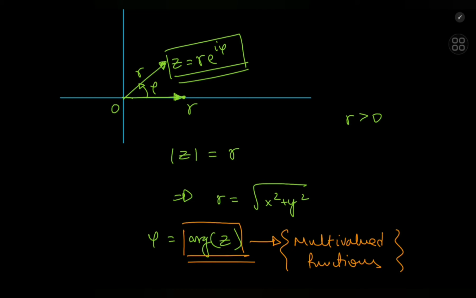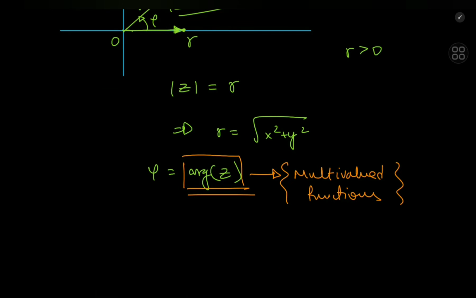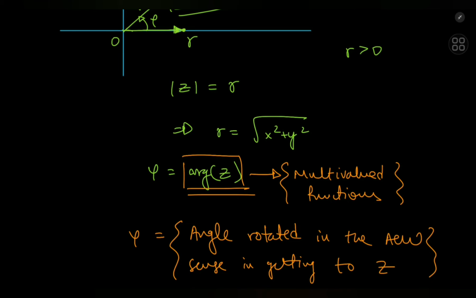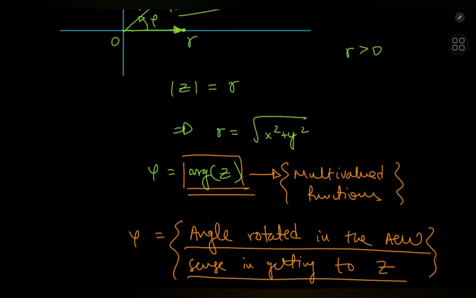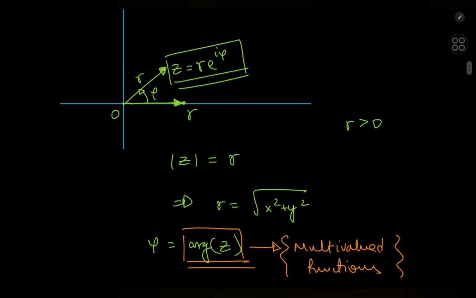But what is it that makes arg z multi-valued in the first place? Well, what exactly is the angle phi? Phi is actually the angle rotated in the anti-clockwise sense in getting to z from the positive real axis. But if I take a look at my diagram, if I start at the positive real axis, to get to z, I could have just as easily rotated by phi plus 2 pi radians.